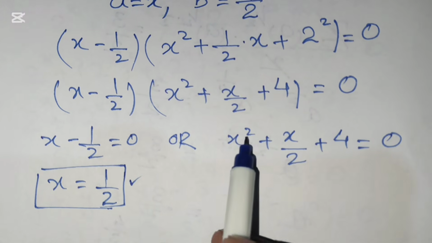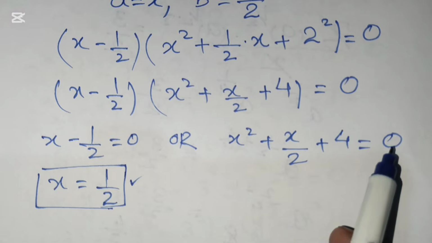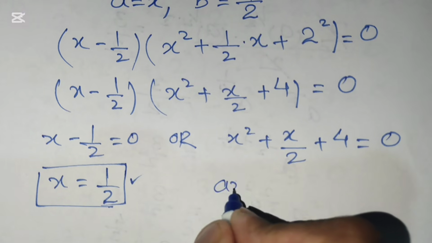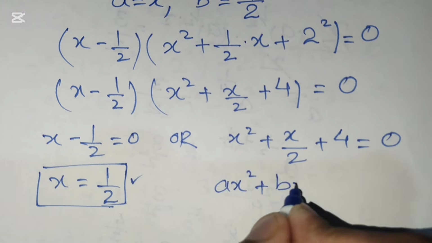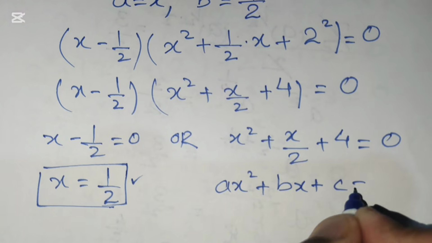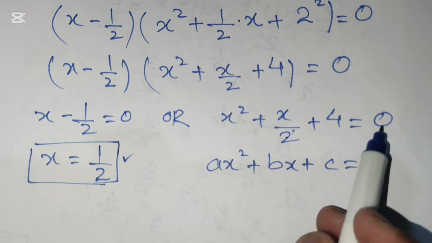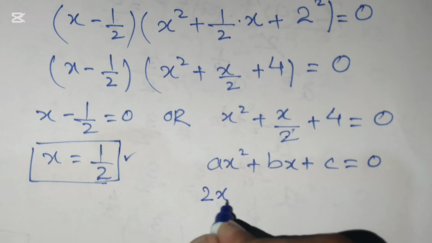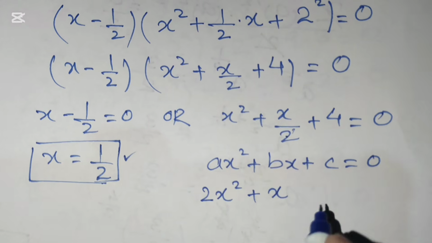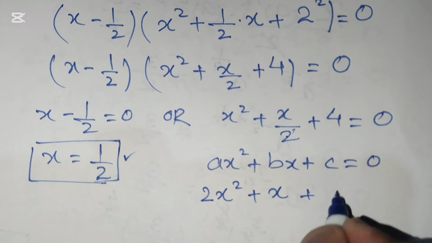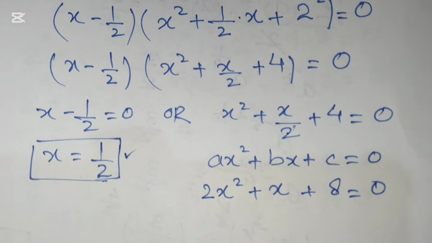Now we have x square plus x by 2 plus 4 equal to 0. This is a quadratic equation, ax square plus bx plus c is equal to 0. We will multiply by 2 on both sides of the equation. We get 2x square plus x plus 2 into 4 is 8 equal to 0.